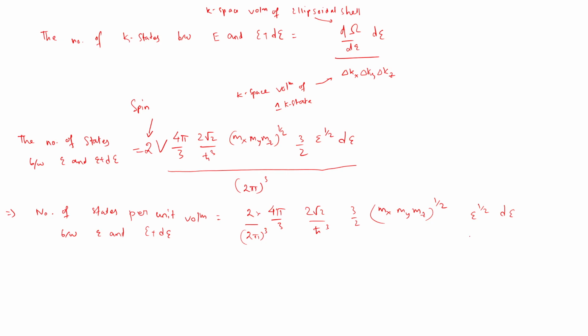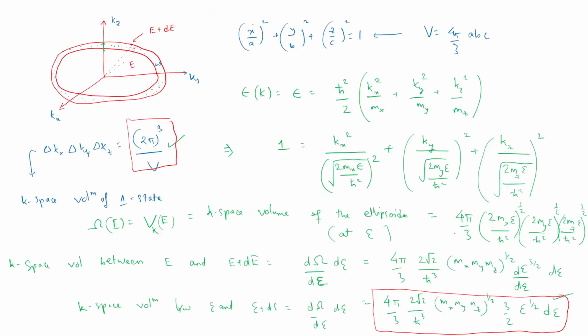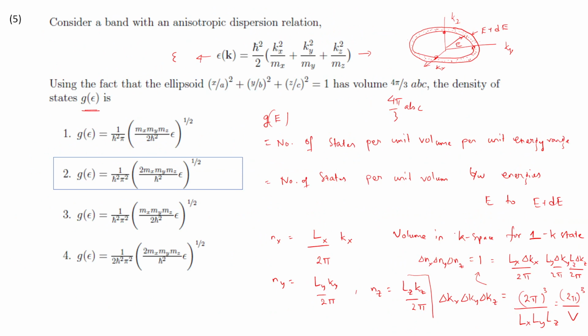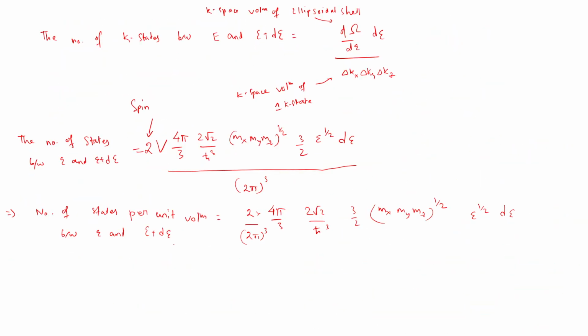Okay, so the question was asking what is the density of states. The density of states is defined like this: number of states per unit volume per unit energy range. So we now have to divide by the energy range. What is the energy range? Energy range is just dE.